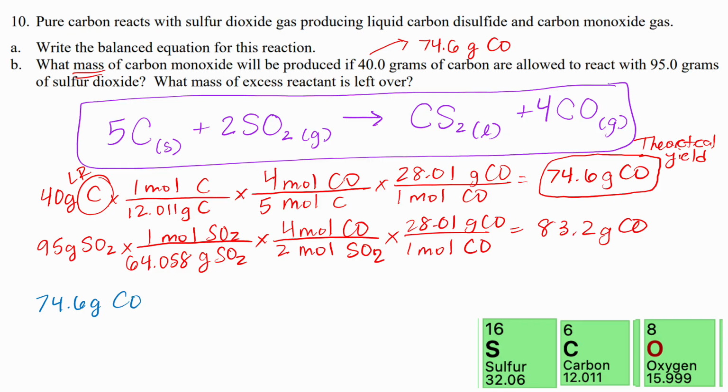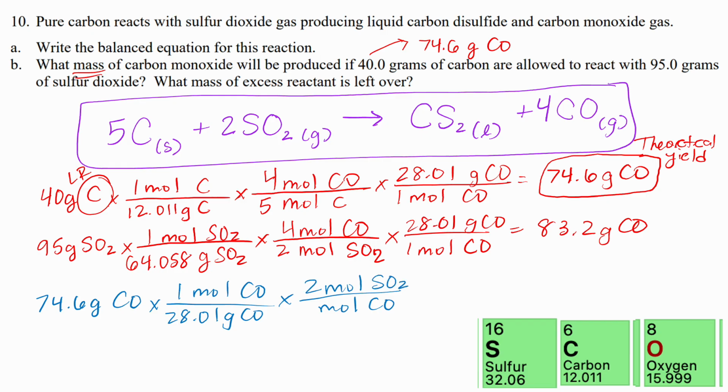And we have to convert that into our excess reactant, which is SO2. And that's going to tell us how much was used up. So first, let's get carbon monoxide into moles. 1 mole of carbon monoxide is equal to the molar mass of carbon monoxide. Now that I'm in that, I can go from moles of carbon monoxide to moles of my excess reactant, which is SO2.